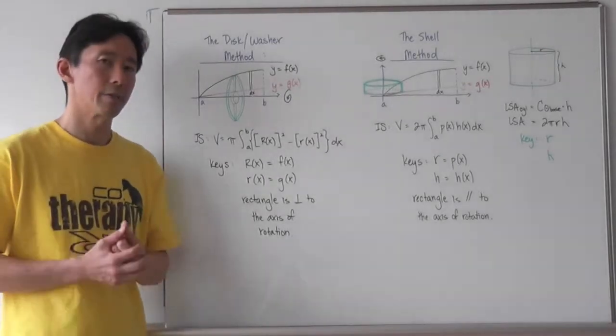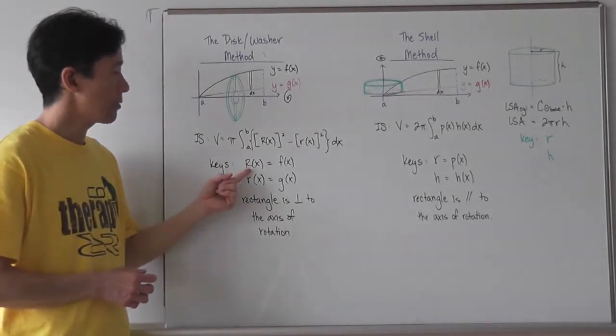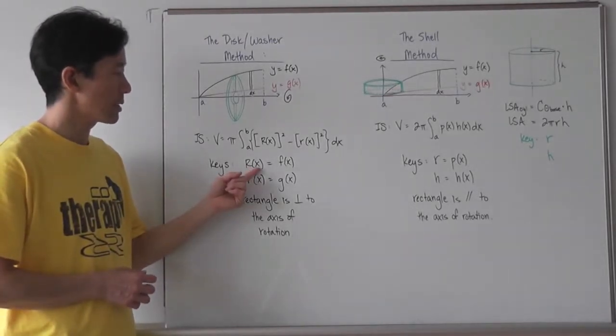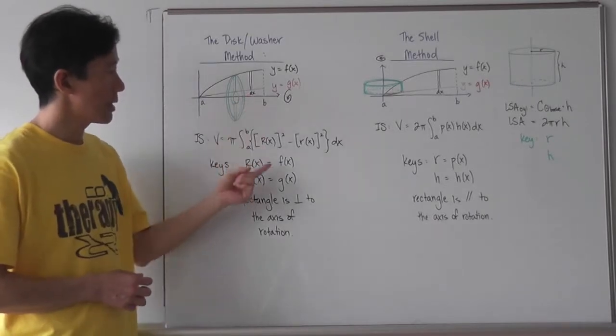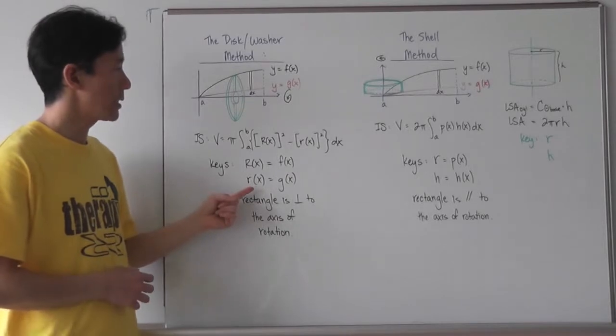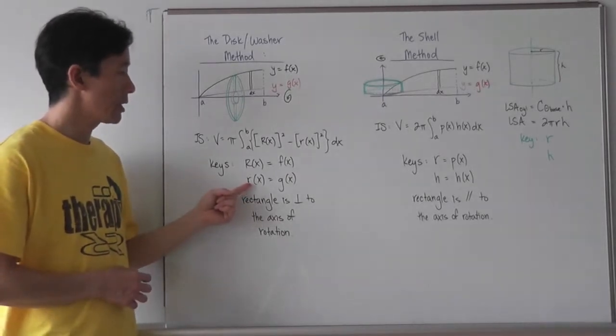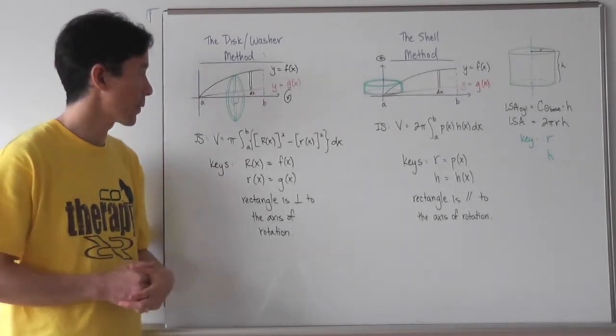So the key to being able to find this is that you have to identify what r of x is, the larger radius function of x, and in this particular case it's going to be f of x. You also need to identify the smaller radius function, and in this case it's going to be g of x.